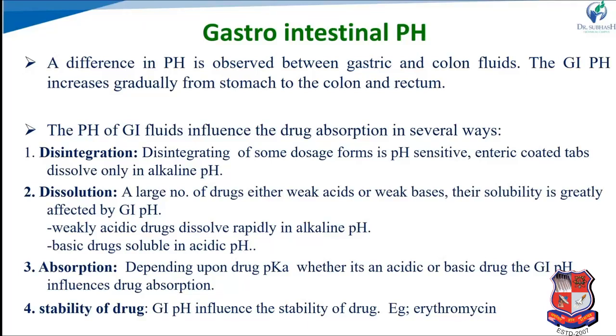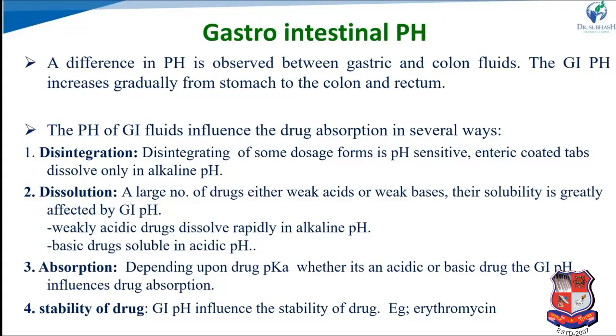In the dissolution part, for a large number of drugs, either weak acids or weak bases, solubility is greatly affected by GI pH, and this pH-based solubility also affects dissolution. Weakly acidic drugs dissolve rapidly at alkaline pH, and basic drugs are soluble at acidic pH.